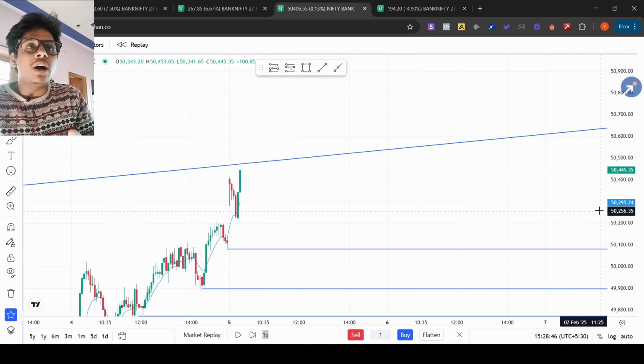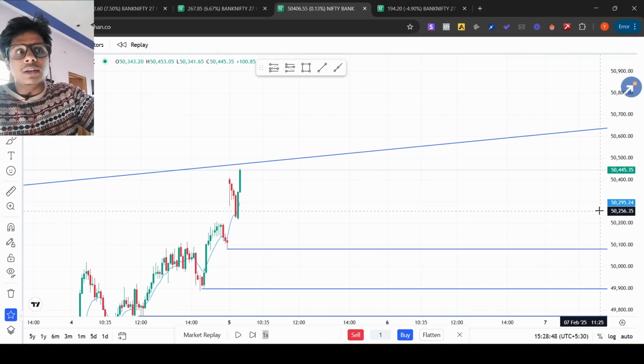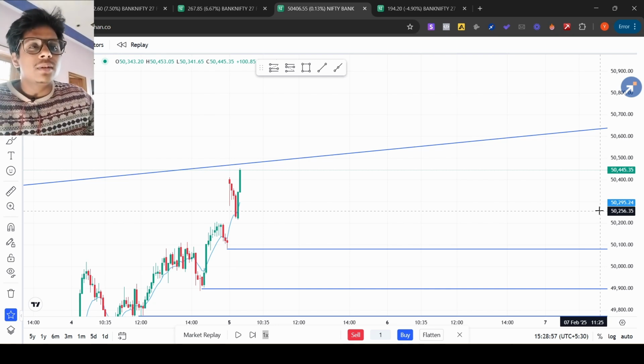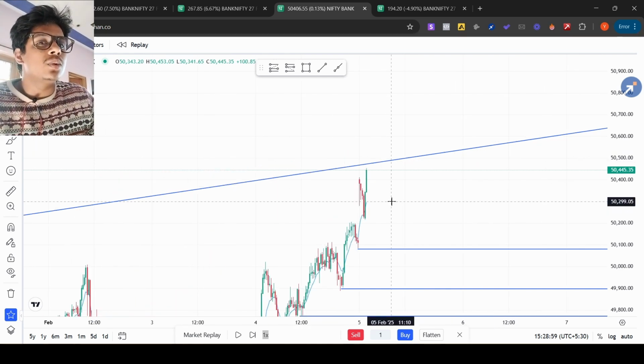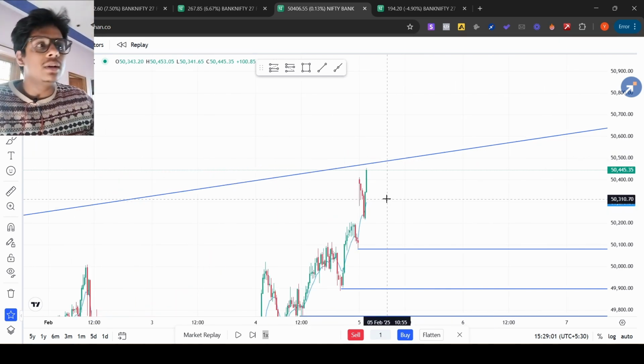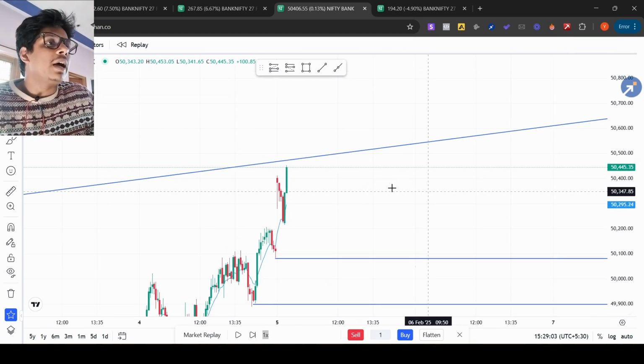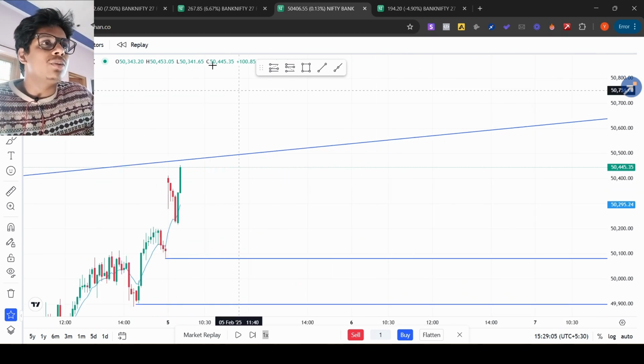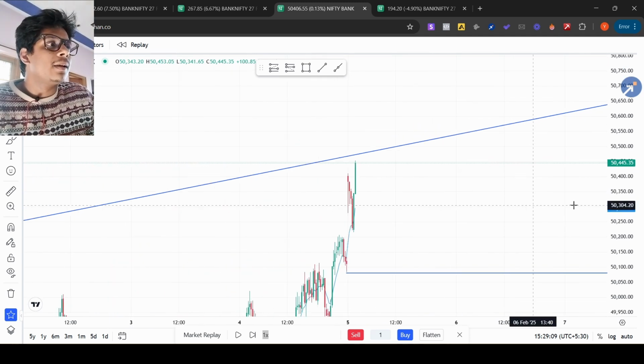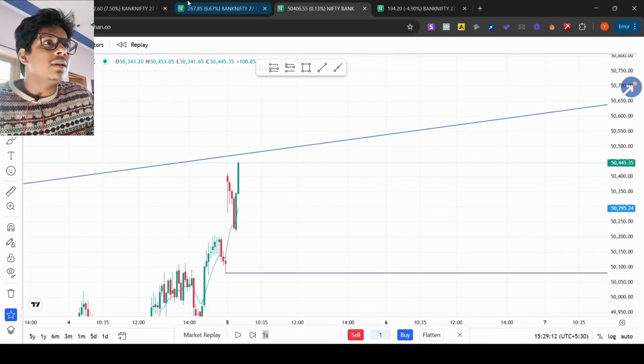Till now I was just using the trend lines which were made 3 to 5 days back. Those were not too old, but I think I have to make some changes in my strategy as well.